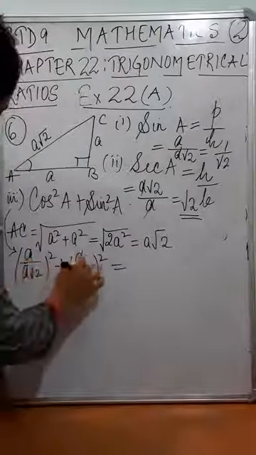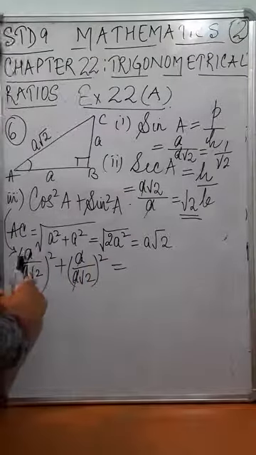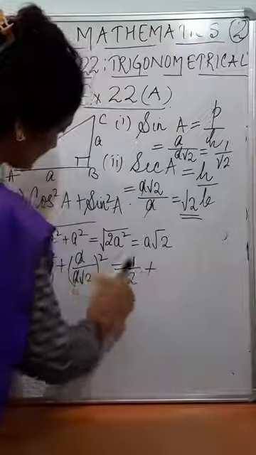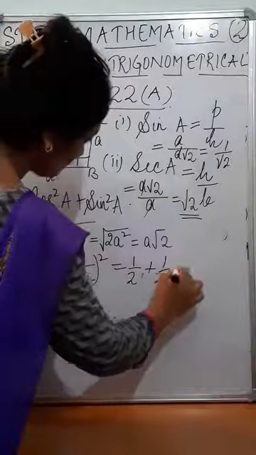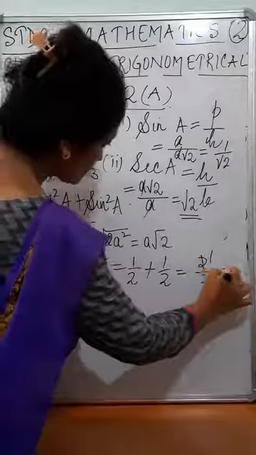This cancels. 1 by root 2 whole square. Root 2 into root 2 is 2. So 1 by 2, and similarly this one 1 by 2. 1 by 2 plus 1 by 2 is 2 by 2, which is equal to 1.